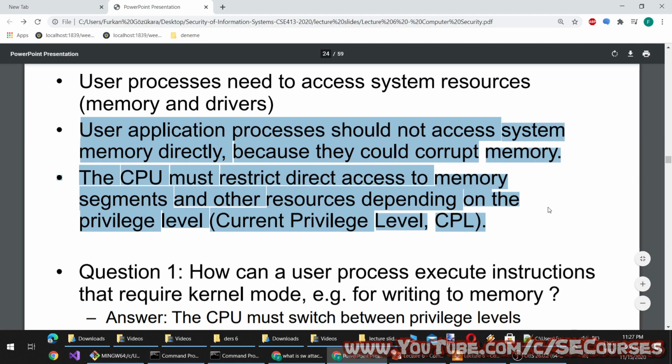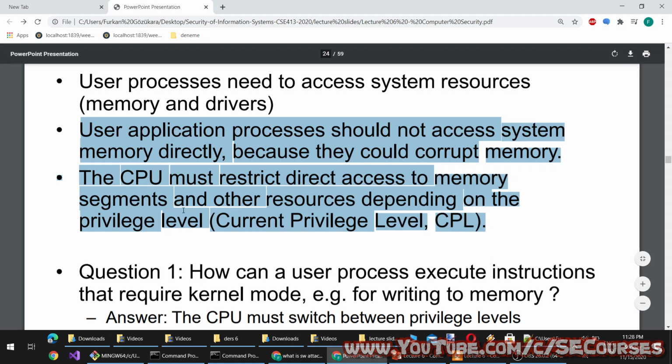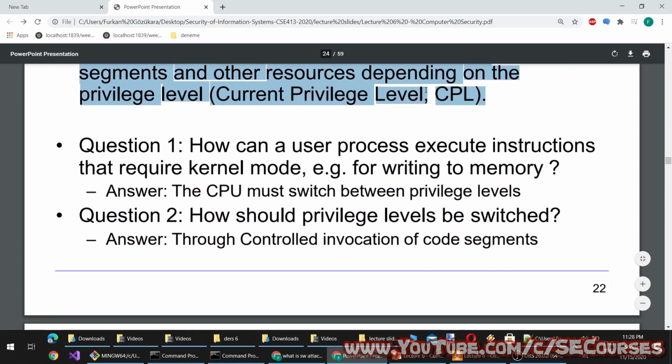User application processes should not access system memory directly, because they could corrupt memory. The CPU must restrict direct access to memory segments and other resources depending on the privilege level, the current privilege level, CPL.